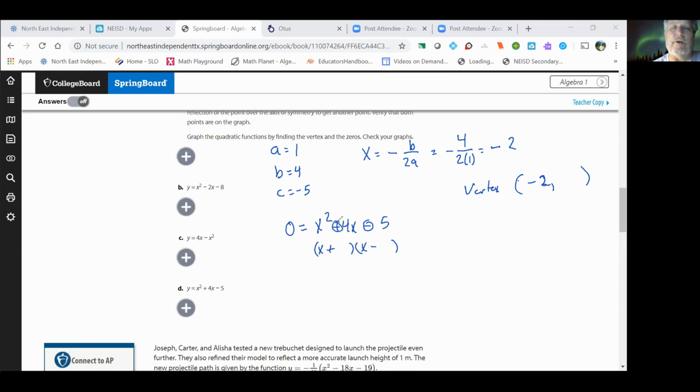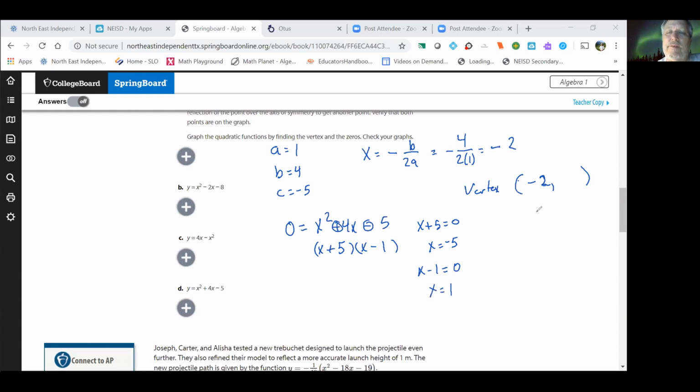Front sign tells me the larger factor is going to be positive. We're looking for factors of 5 that when we subtract them, we get 4. So that'll be 5 and 1. And the 5 has to be the positive, and the 1 has to be the negative. So we set each of these equal to 0. X plus 5 equals 0, so therefore x is equal to -5. And x minus 1 equals 0, and so that's going to be x is equal to 1.